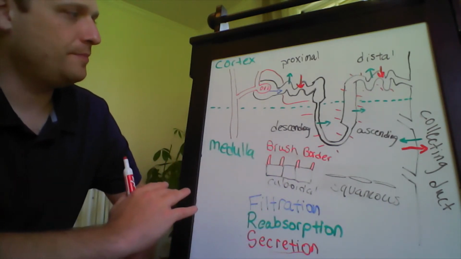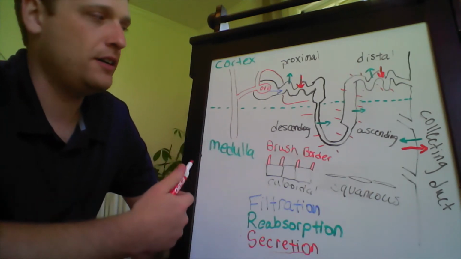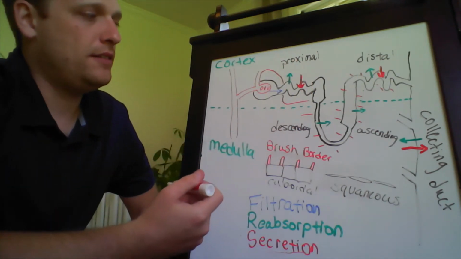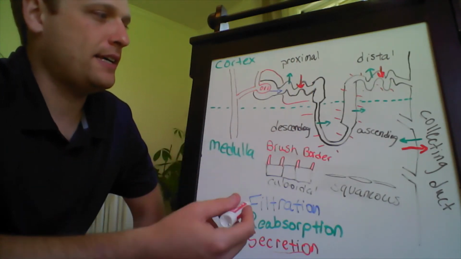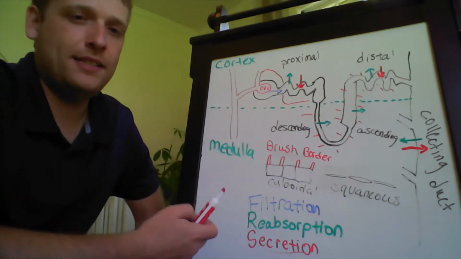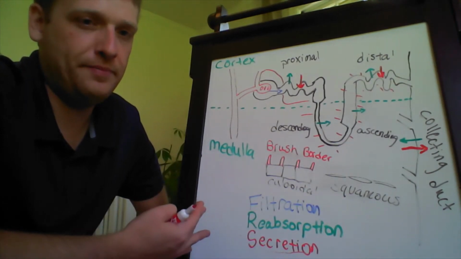So mainly I just want to get across with this figure the idea that the nephron and the kidney itself is designed to allow your body to specifically alter the composition of blood.